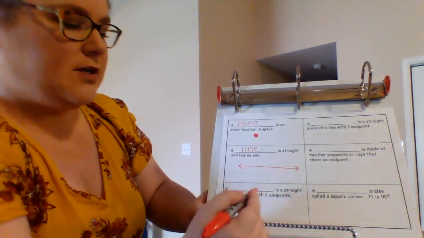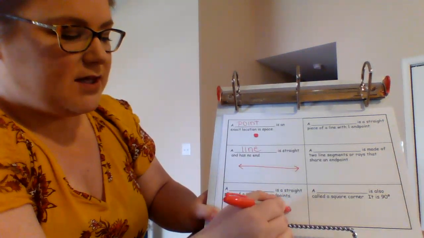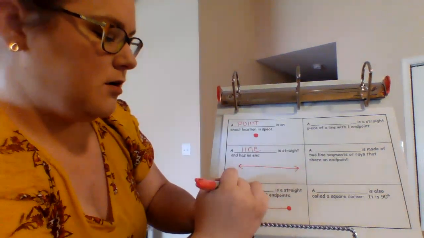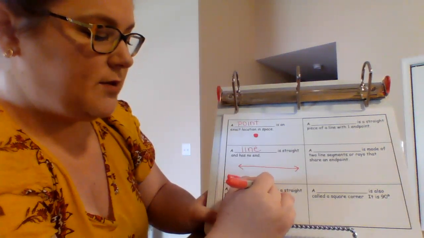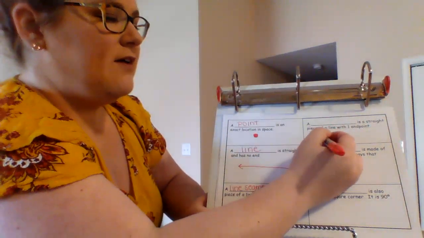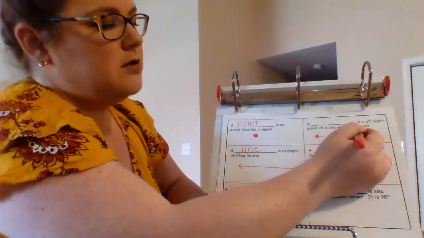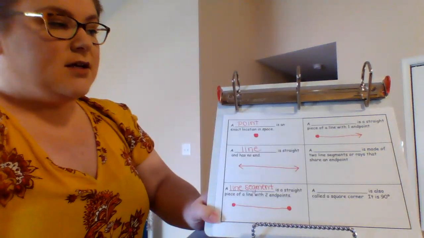That is a plain old line. Okay? Our next one says it is straight, but it is a piece of a line with two endpoints. So there is our line segment. Remember, segment means piece or part of a line. Here we have a straight piece of a line that has one endpoint and one side that goes on in another direction.